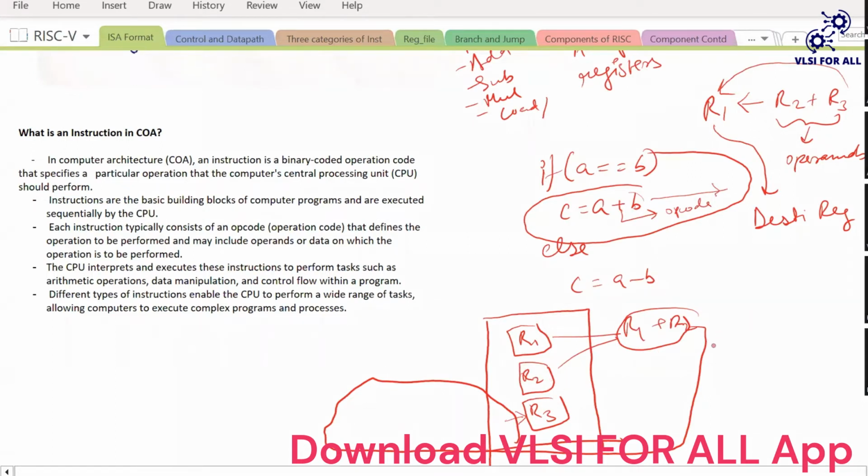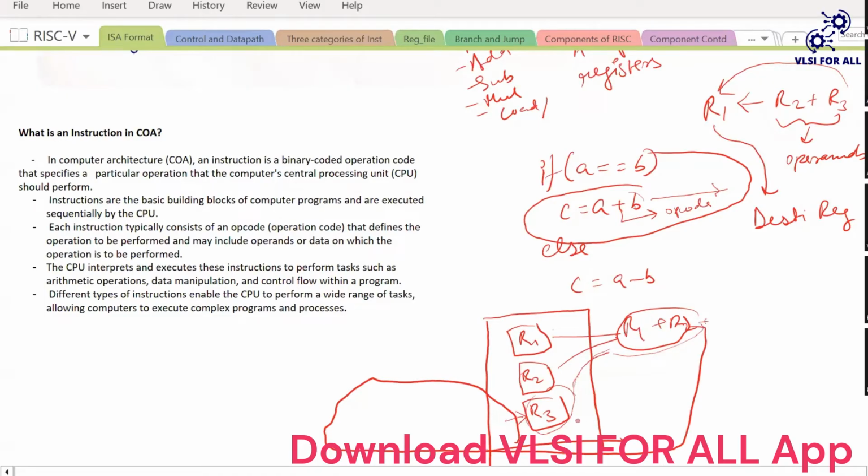And then in the next cycle, this R3 will be accessed as an operand, right? And it will be added to R1 plus R2. Now what is R1?